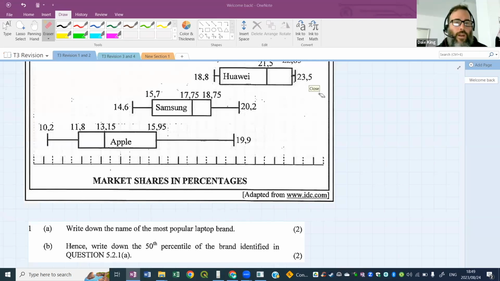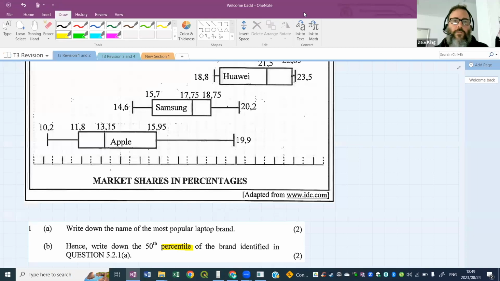You're on the money there. So hence, write down the 50th percentile of the brand. What are they talking about here? Can anybody tell me what this word means? What on earth? Matrix, you should know this.